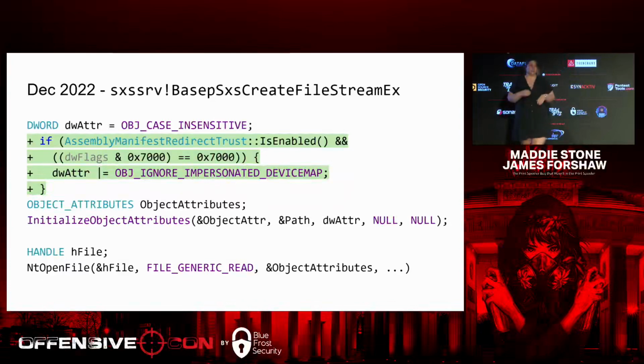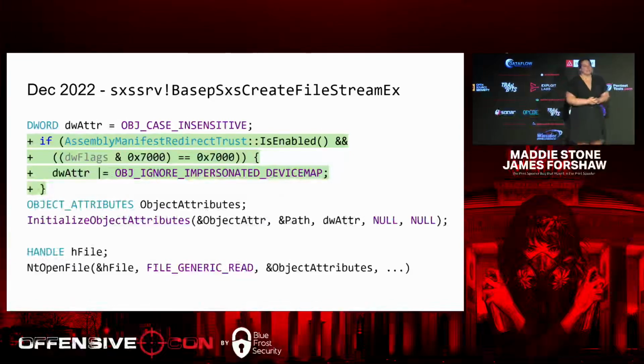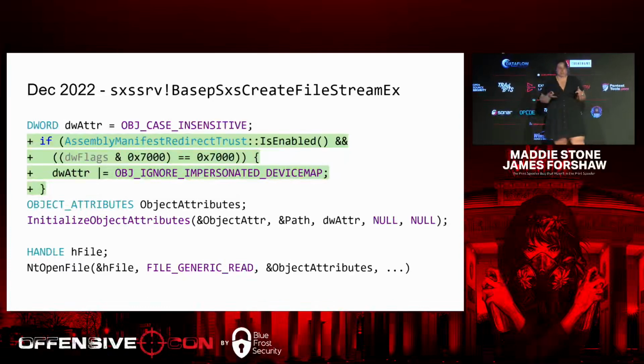So here within side-by-side service, where the function base p xs create file stream x, they have this new code, this block that says if this new feature assembly manifest redirect trust is enabled, that's just a feature flag this new mitigation is behind, and these flags equal 7,000, we're now going to pass to NT open file.